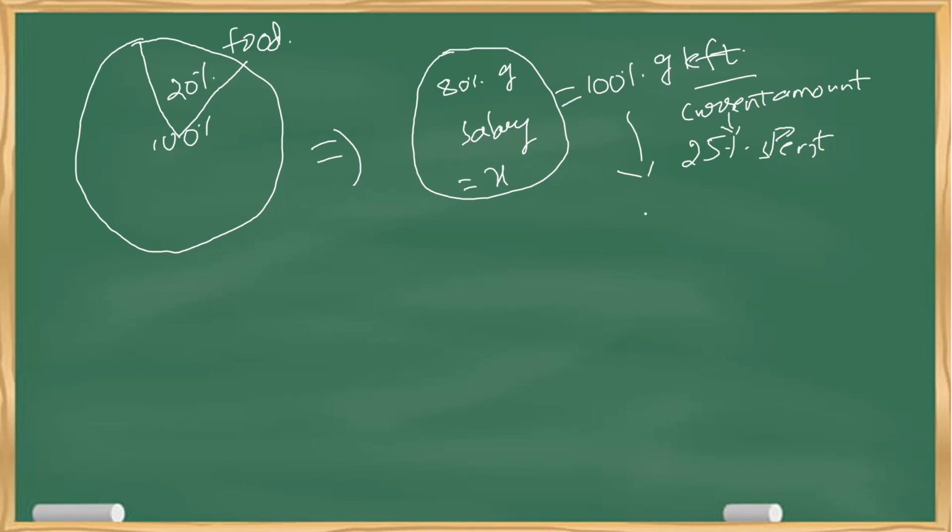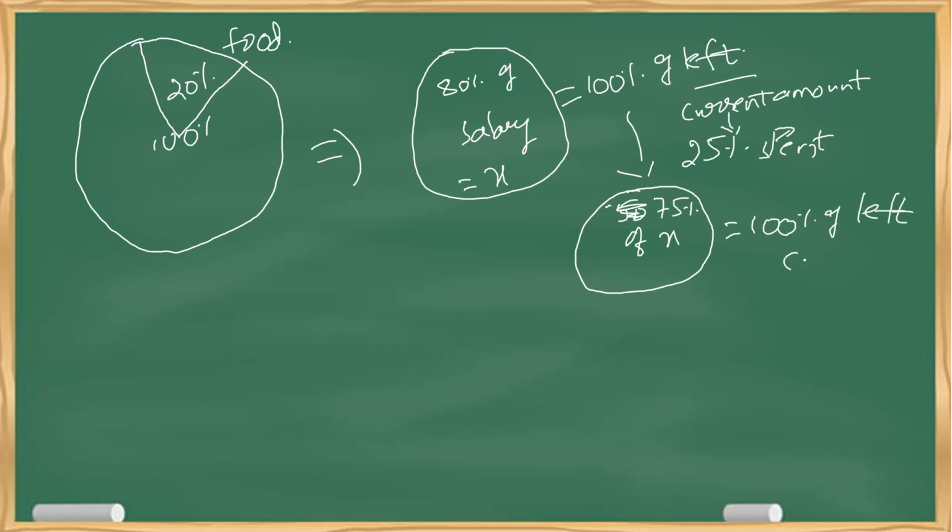The circle will again shrink. How much does it become now? 75% of x. Again, this should be considered as 100% of left, that is current amount.